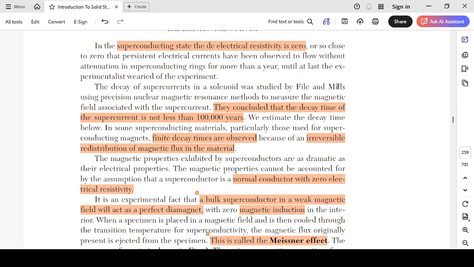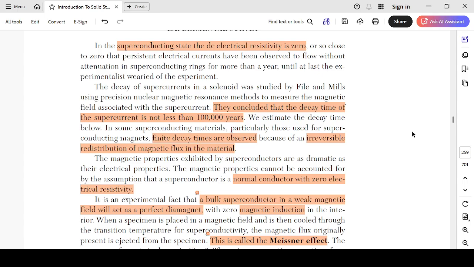So next research in this field started, and people wanted to observe how the supercurrents decay. Supercurrent means the current flowing through a material in its superconducting state.